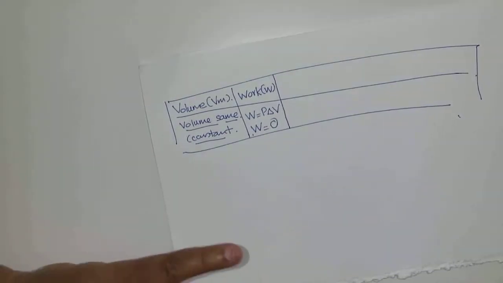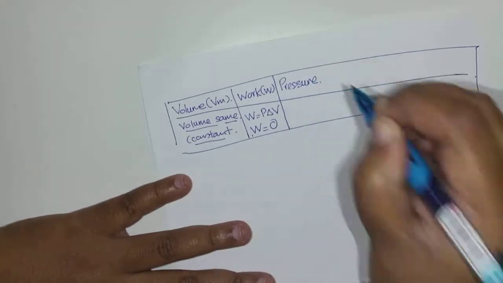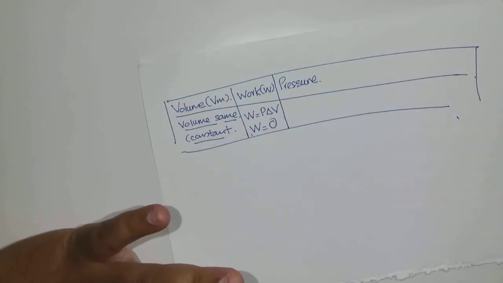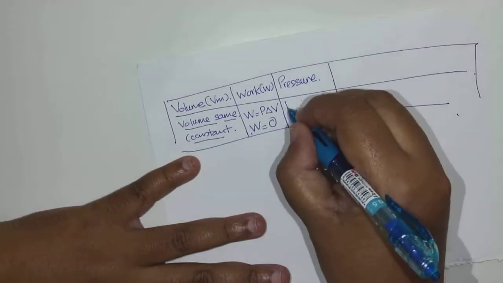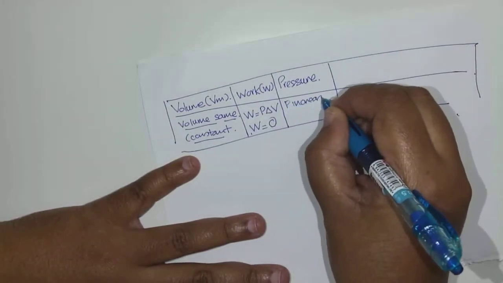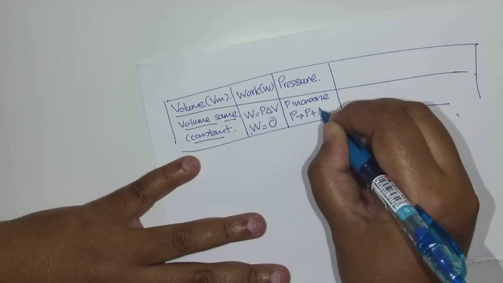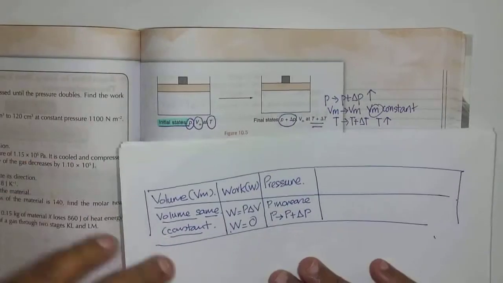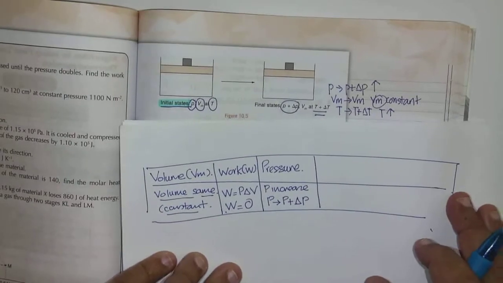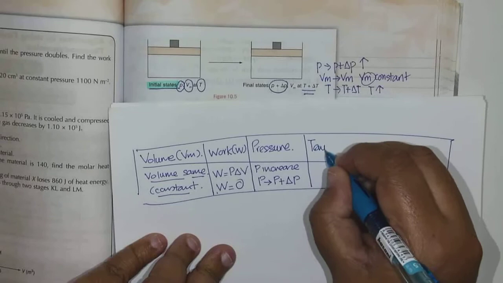Okay, pressure. Pressure increases from P to P plus delta P. I'm referring to figure 10.5 and doing some analysis here. Next, temperature.